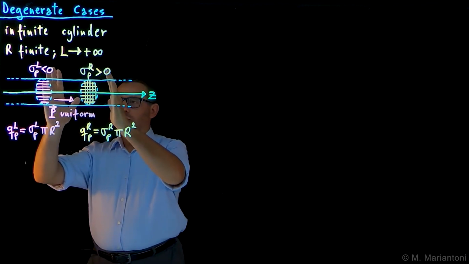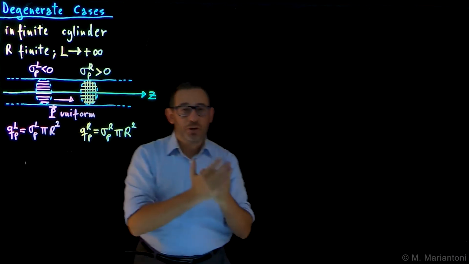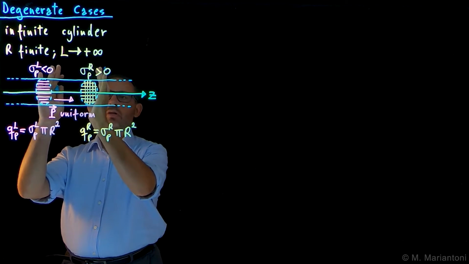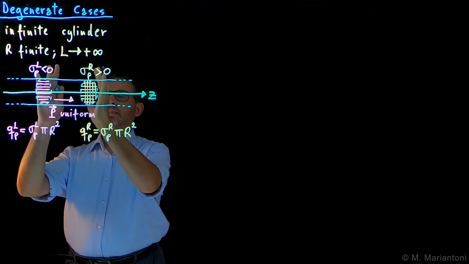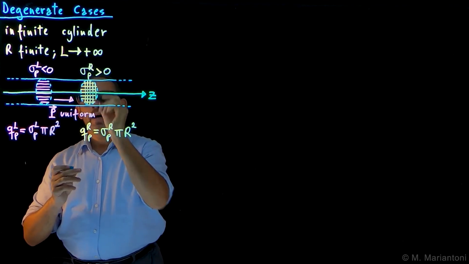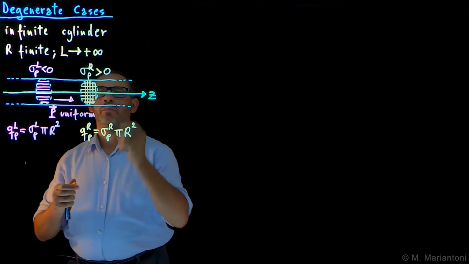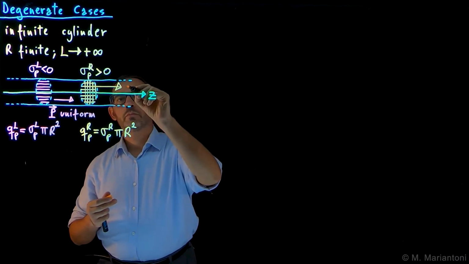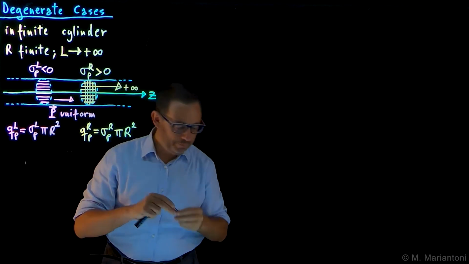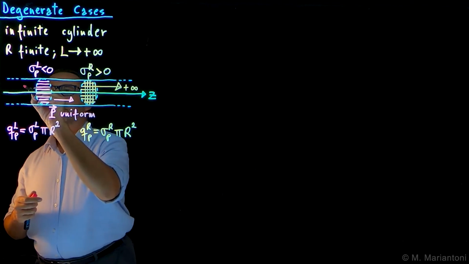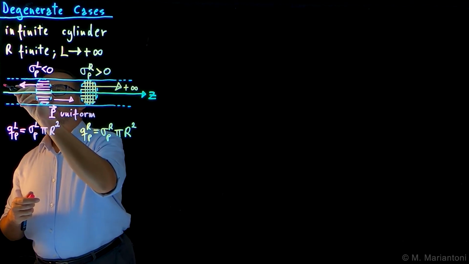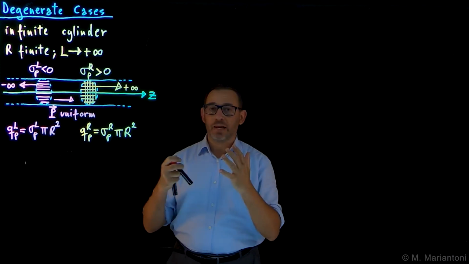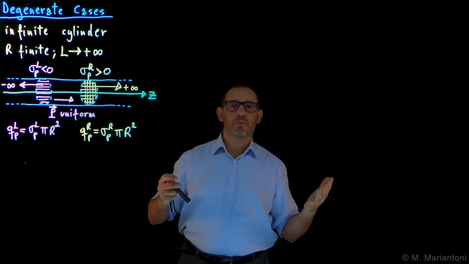So we have two charges, one negative and one positive, both finite, but now they are pushed all the way to infinite distance: the positive one to plus infinity, and the negative one to minus infinity.